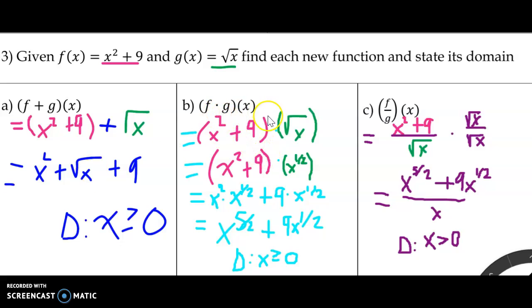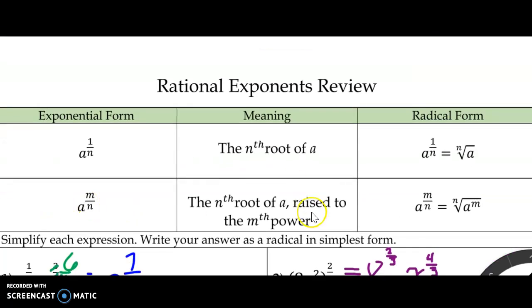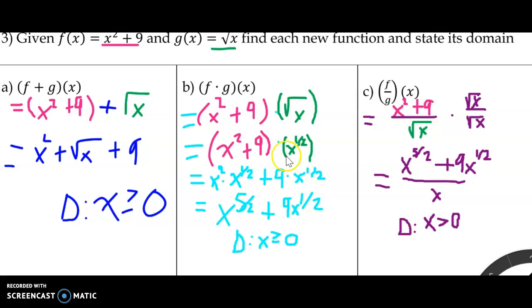So for part B, we're multiplying these two functions, so x squared plus 9 times the square root of x. So in order to multiply them, I rewrote this in exponential form. It was in radical form, so I rewrote it in exponential form. And then just distribute to each term. So x squared times x to the 1/2 power.